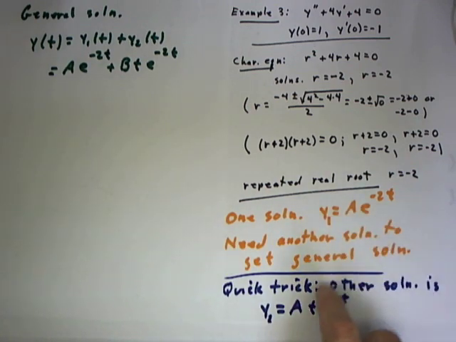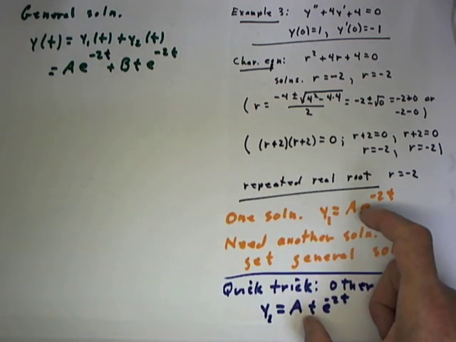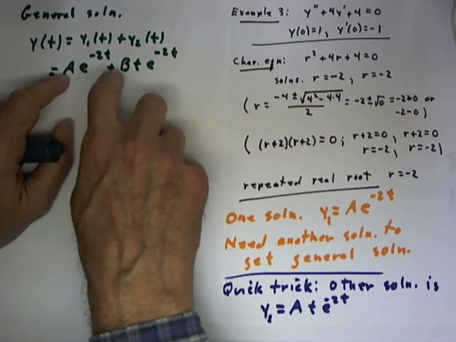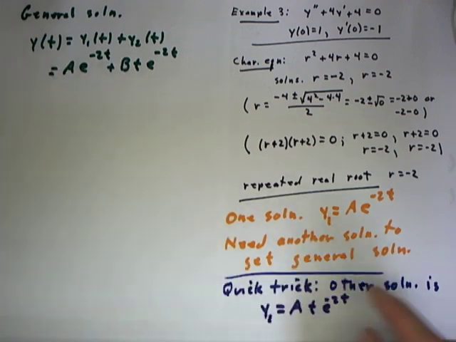A is arbitrary here, b is arbitrary here. We don't have to choose the same constant for both solutions, so we'll call one of them A and the other B.